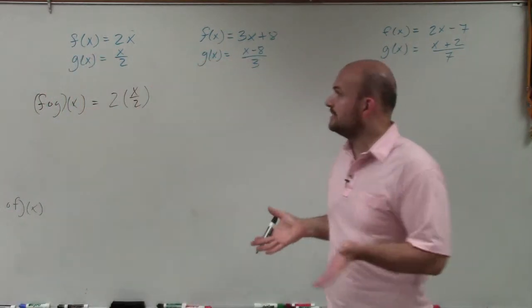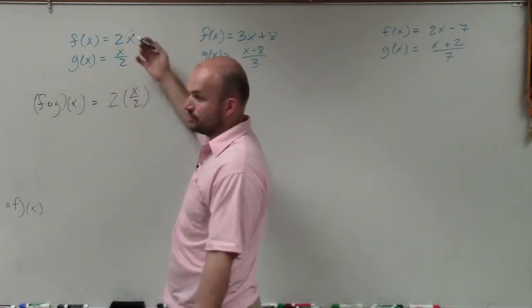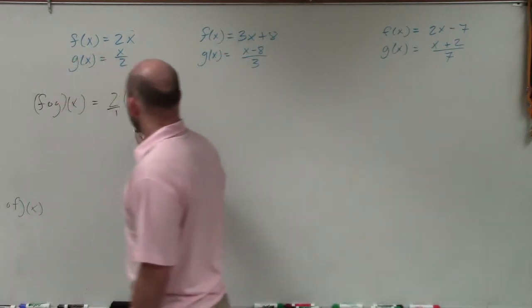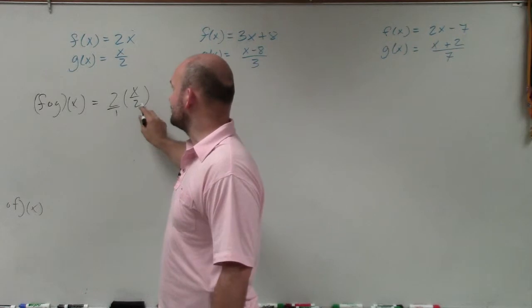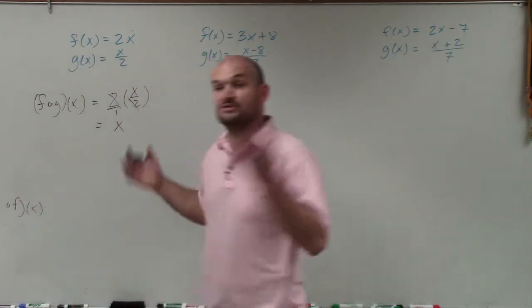Instead of x, we're plugging in the g of x function, which is x over 2. Now remember, when you're multiplying a number times a fraction, you can rewrite your whole number as a fraction. Therefore, we have numerator times numerator, denominator times denominator. The 2's will divide out, and we're just left with x, which is our identity function.